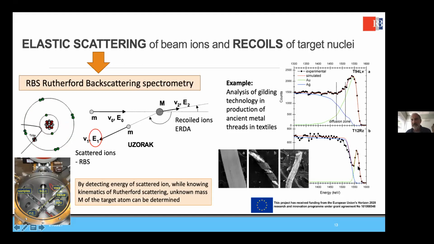This is the top layer, because gold is heavier than silver, so you can distinguish gold from silver by measuring the energy. Also, you can find the depth profile. This peak here indicates that we have a very thin layer of gold on the silver. In addition, in this sample, the gold has actually diffused into the silver, so the technologies are 2 completely different.